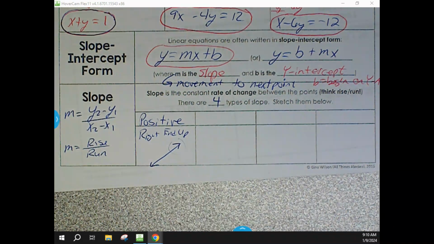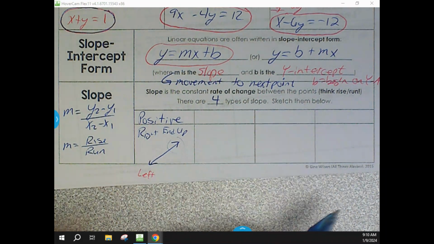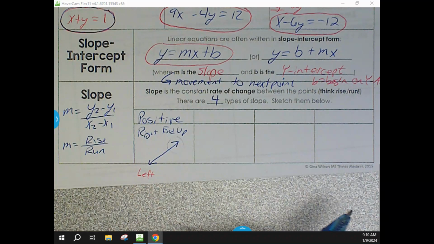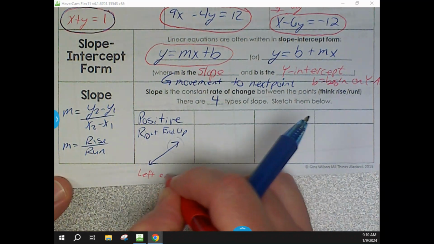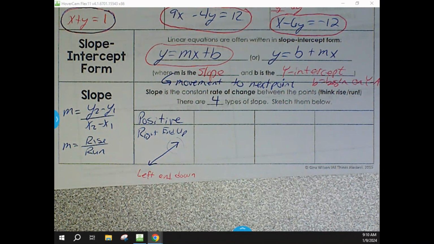And there's going to be a time when we start talking about quadratic equations and graphing those, and same thing, we're only going to worry about the endpoints. We'll talk about what happens in the middle. So this would be one of those cases where the right end is up and your left end is down. Not so much worried about the left end in this case, but right end's up, left end would be down.